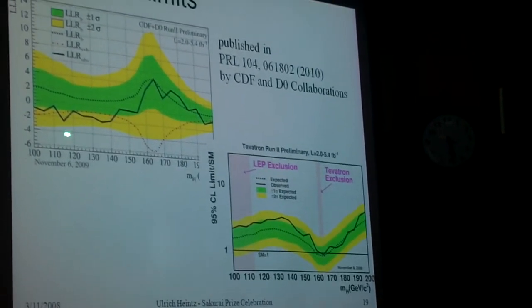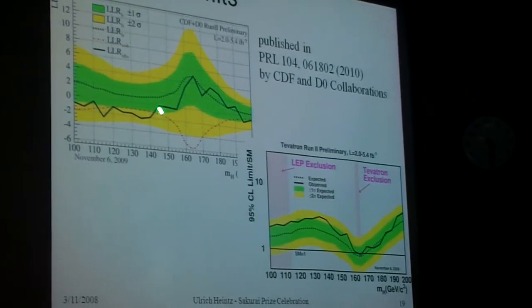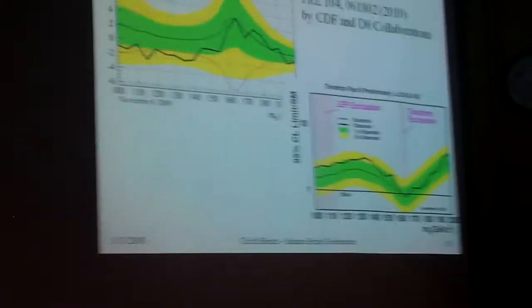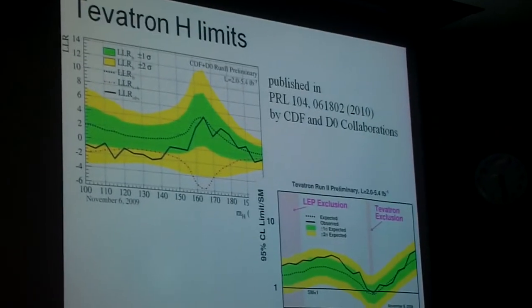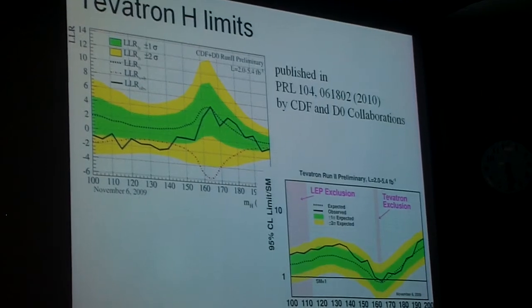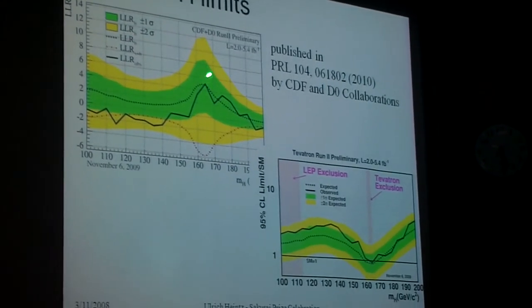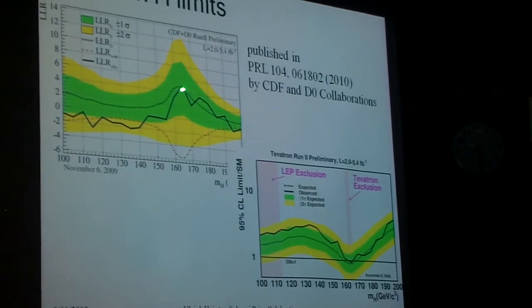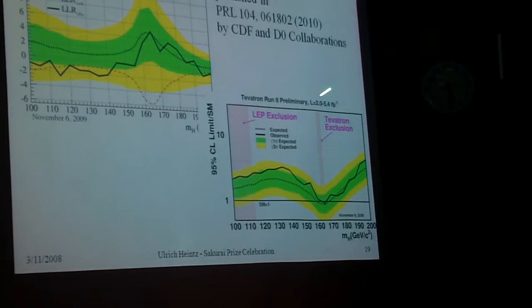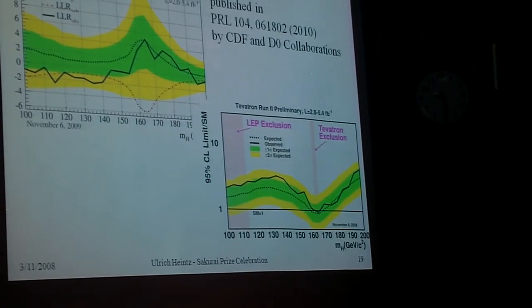Whereas if you go to the low masses, then actually what we're seeing is very close to what you would see if there were a standard model Higgs boson. On the other hand, it's also very close to what you might see if there is none, so we just don't have the discrimination power yet. So what can we say? At this point, where we have the biggest difference between signal and no signal, we can actually start to exclude some mass range of a few GeV around 160 GeV.